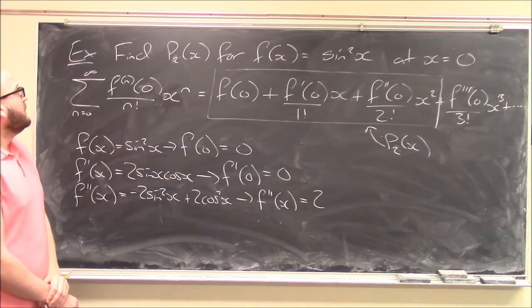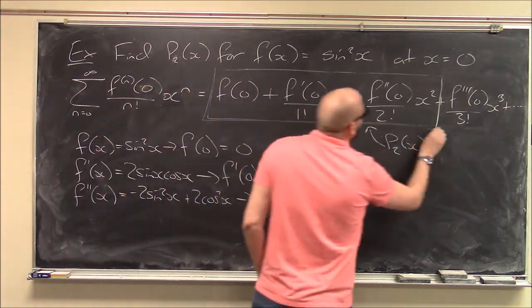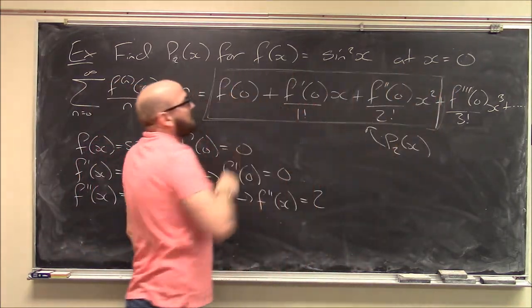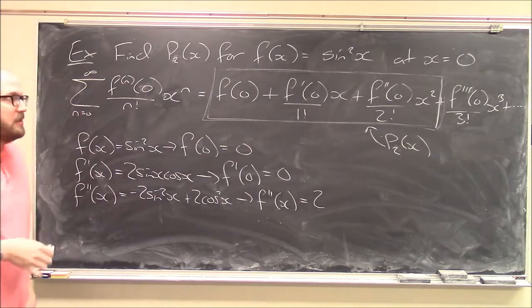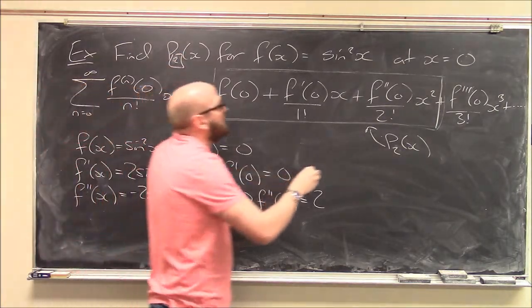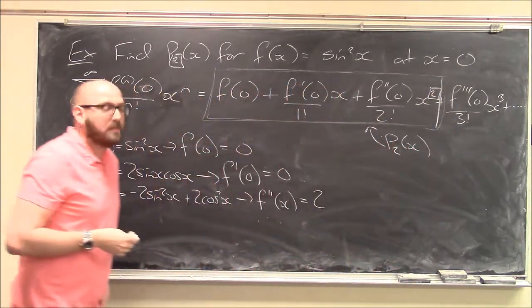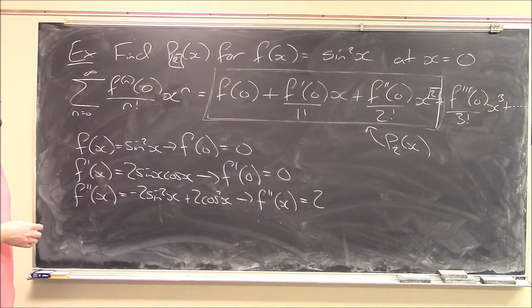If I only want the second order Taylor polynomial, then I'm only looking for this expression, right? I'm looking to truncate the expression after the squared term, after the second power, because the subscript there matches the power here. Okay, so p sub 2 means I want to count out to the second power of x.